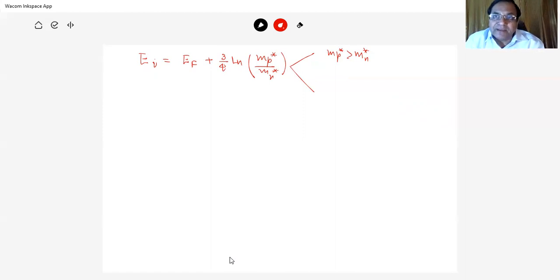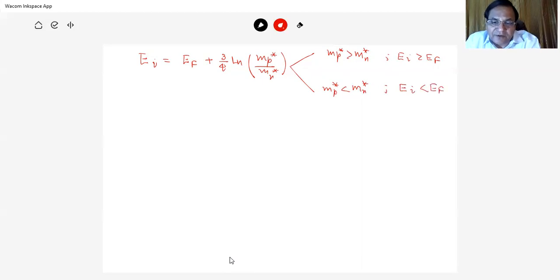Then Ei is greater than EF, because this term is positive. When Mp star is less than Mn star, that is, the effective mass of electron is greater than the effective mass of hole, then Ei is less than EF.